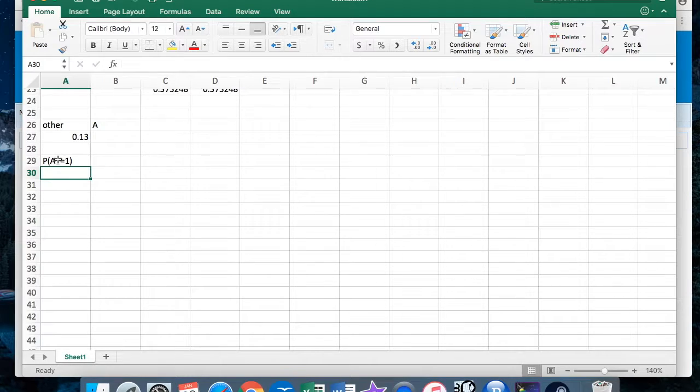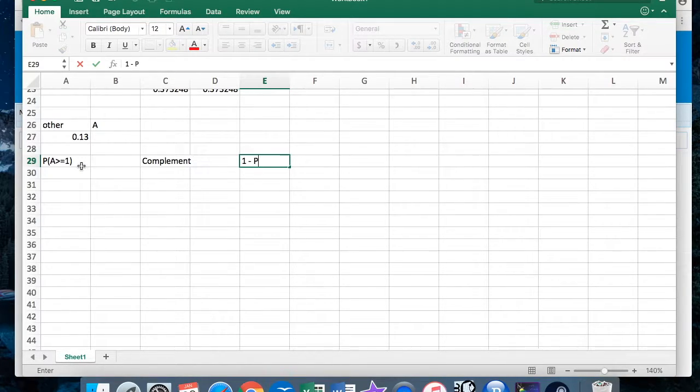You could split it up into a few different cases: what's the probability that we have exactly 1, exactly 2, exactly 3, and sum all those up. But for me, the fastest way to do this would be complement, and I'll show you why. The probability of at least 1 can also be 1 minus the probability of none.